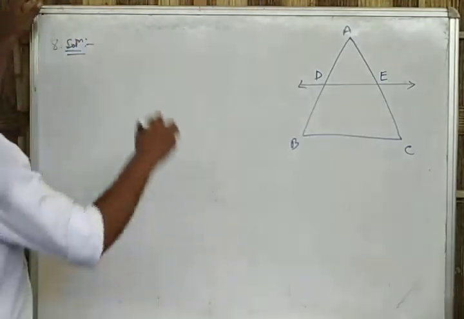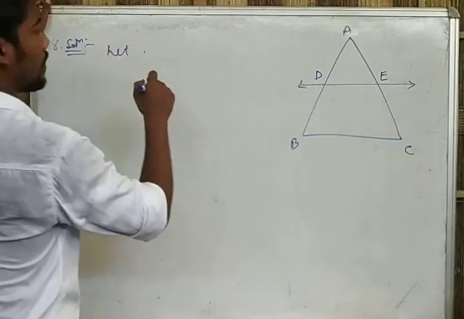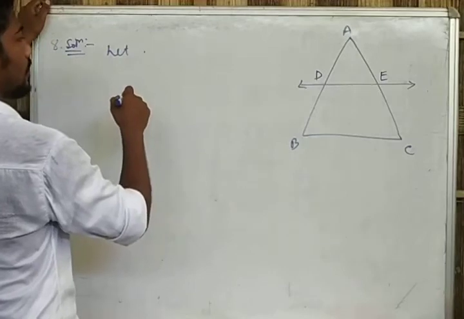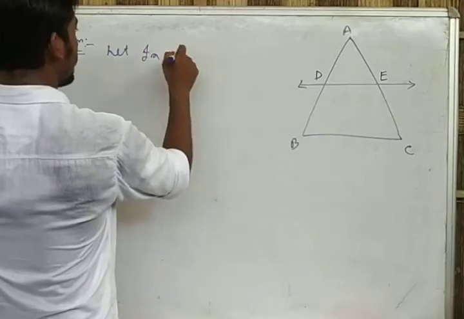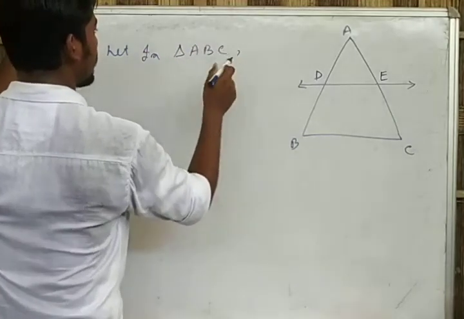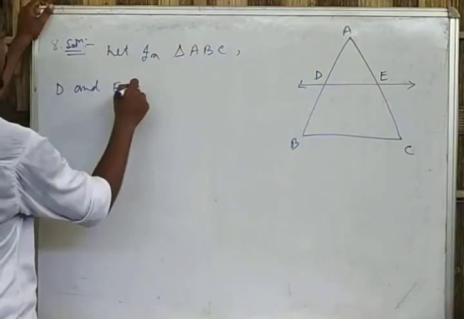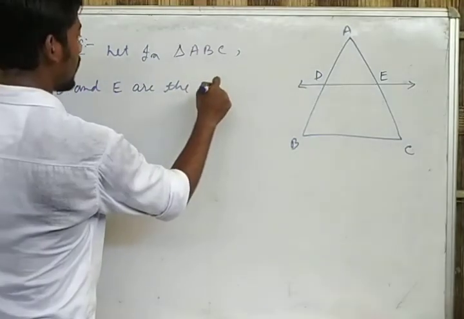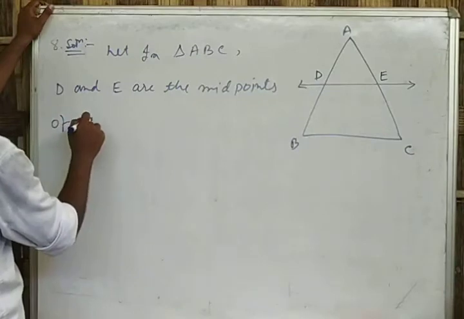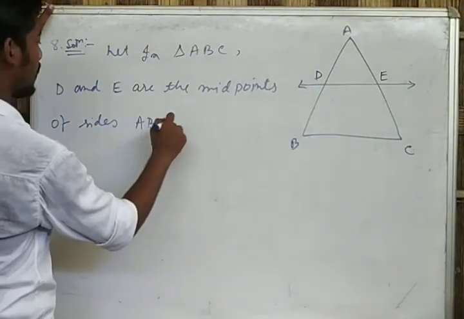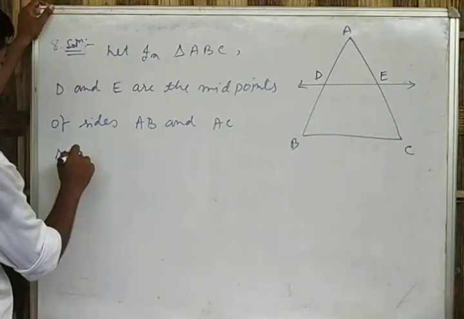ABC is a triangle. Let in triangle ABC, D and E be the midpoints of sides AB and AC respectively.